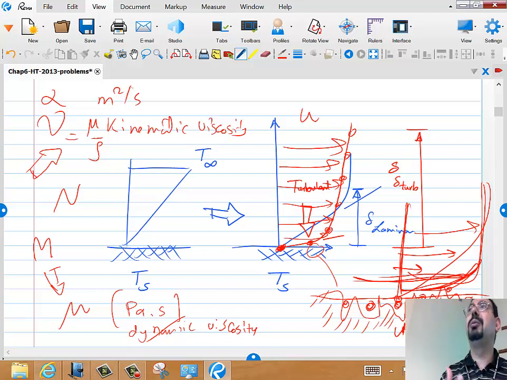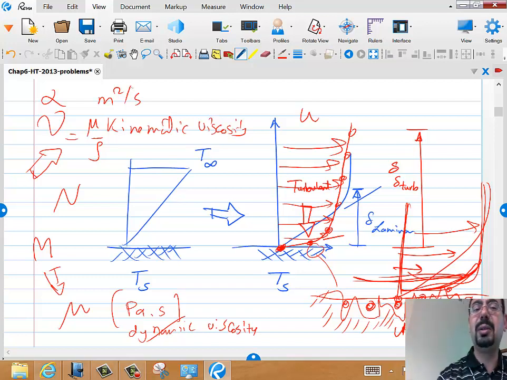It's basically how the momentum is transferred from one layer to the other. Again, how sticky the fluid is. So there is actually a dimensionless number that's the ratio between the two of them. And that number is going to be with us in all the convection formulas. That number is the Prandtl number.